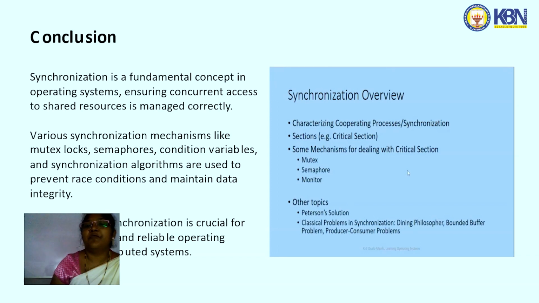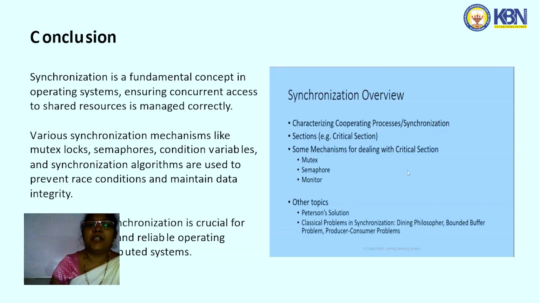Then the critical section: how processes face the critical section, and mechanisms for dealing with it like mutex, semaphores and monitors. Peterson's solution is one of the best examples of synchronization, and classical problems like dining philosophers and the bounded buffer producer-consumer problem are a few examples of how we can handle synchronization. Now the conclusion.